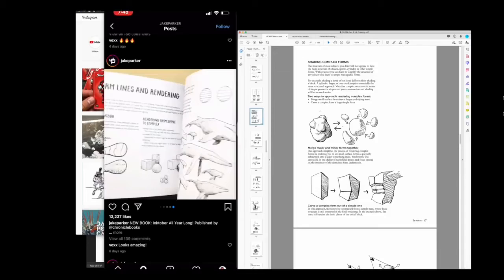But there's nothing about the torso, and Dunn talks about merging forms together and carving a complex shape out of a simple one. But the images don't tell us that. We just see three forms, and we continue to see three forms. So I would suggest that this possibly isn't a case.